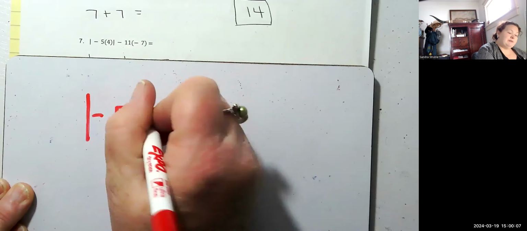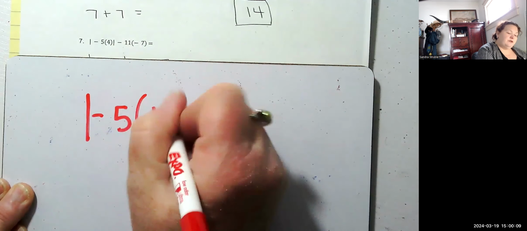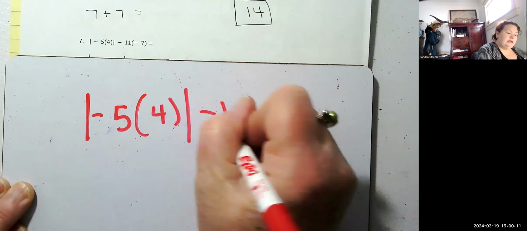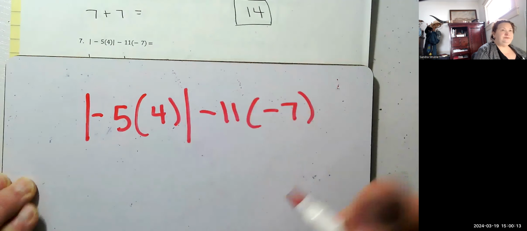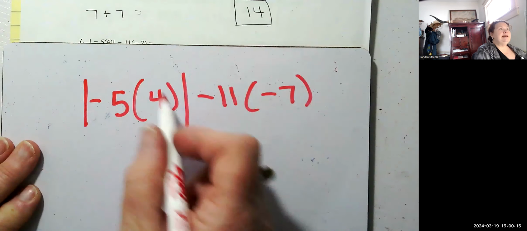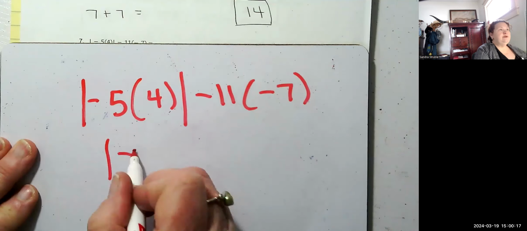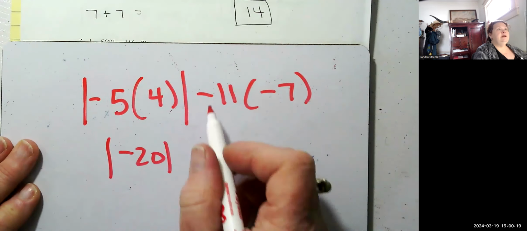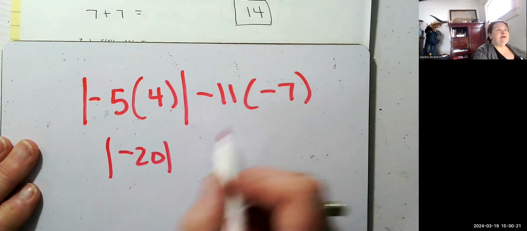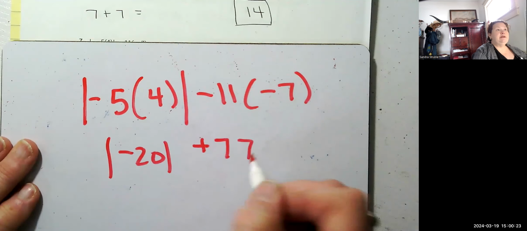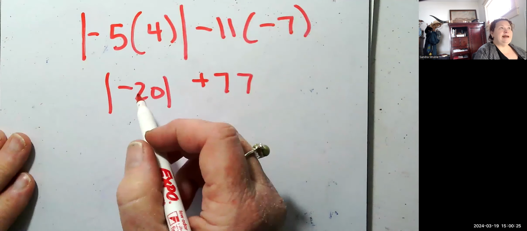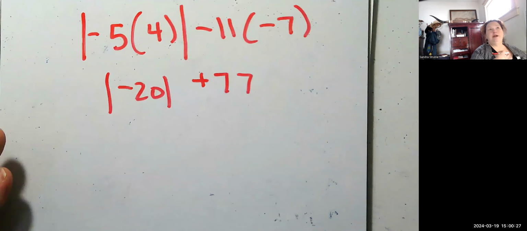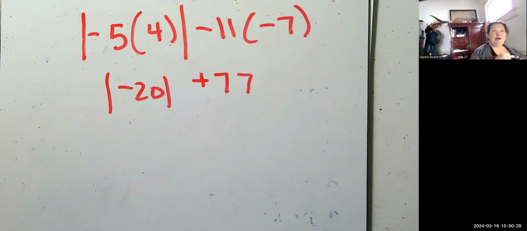Negative 5, absolute value of negative 5 times 4 minus 11 times negative 7. Inside the absolute value is negative 20. Negative 11 times negative 7 is positive 77. When you take the absolute value of a number, I don't care if it's positive or negative, absolute value always measures the distance from 0.